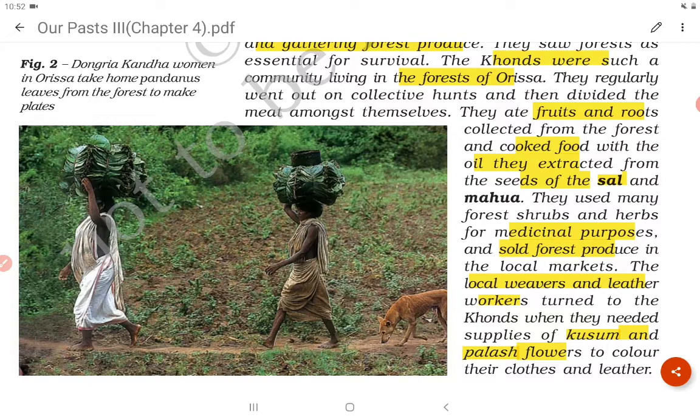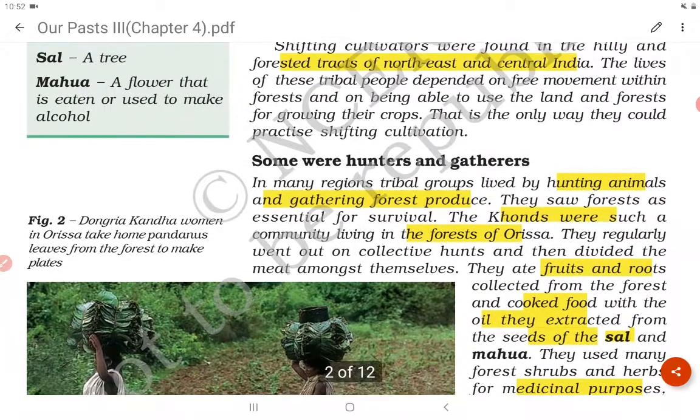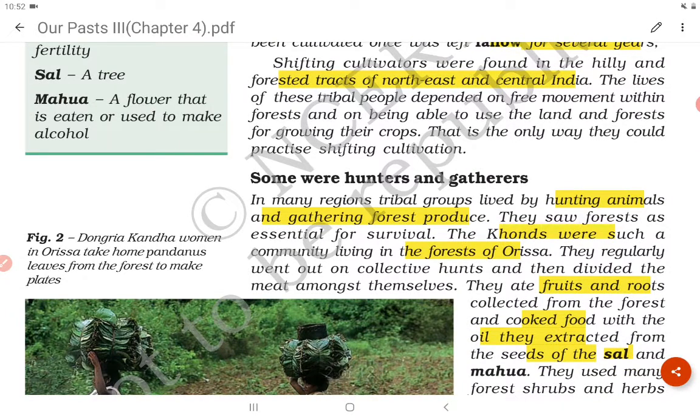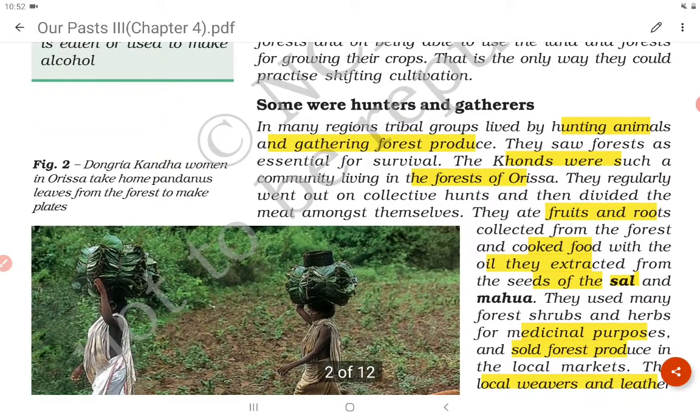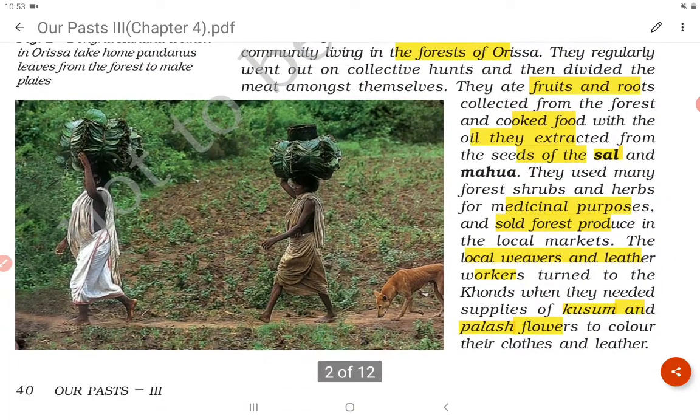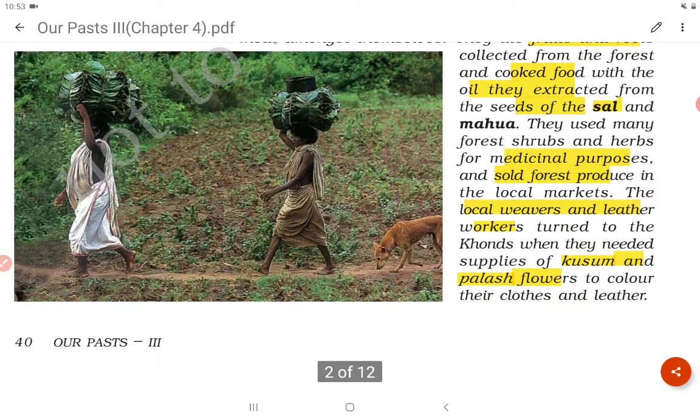So what is this sal? Sal is a tree, and mahua is a flower that is eaten or used to make alcohol.